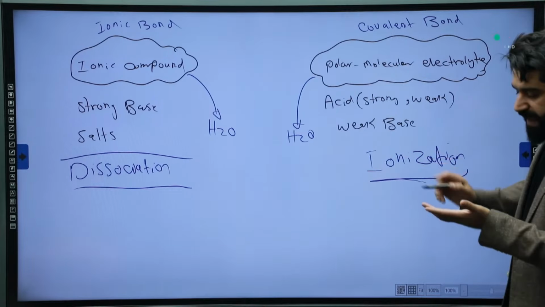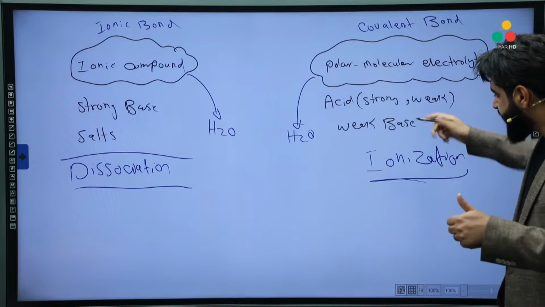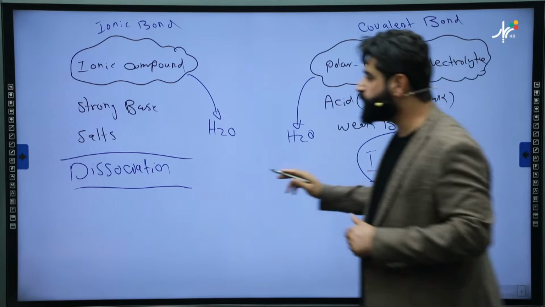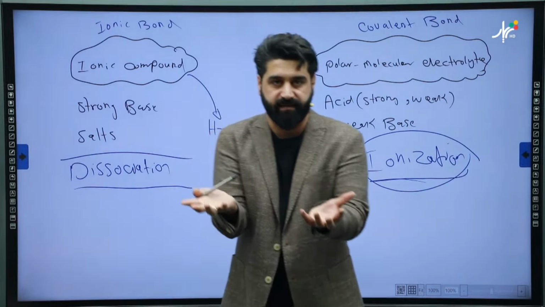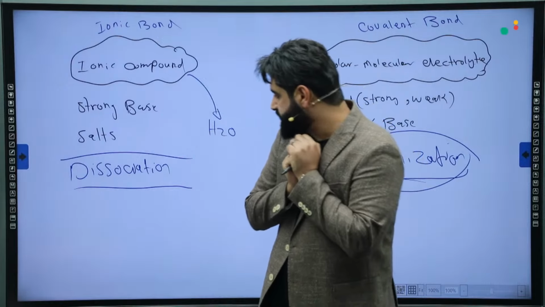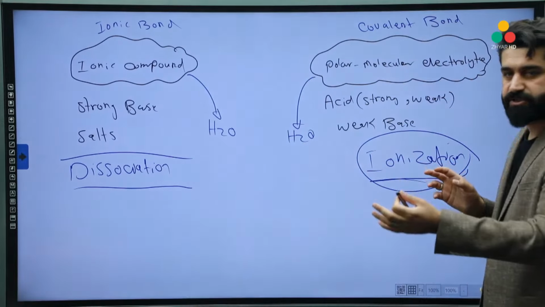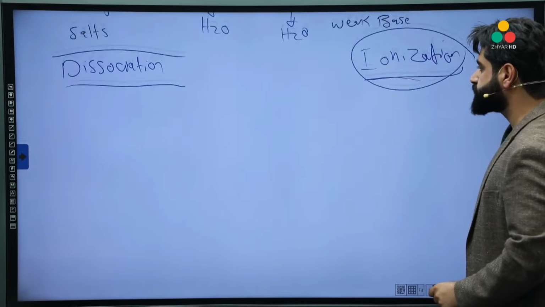So that means if we put strong acid or strong base or weak acid into water, they ionize. But if we put strong base and salt into water, they dissociate. So what is the difference between dissociation and ionization? Okay, so let's see.